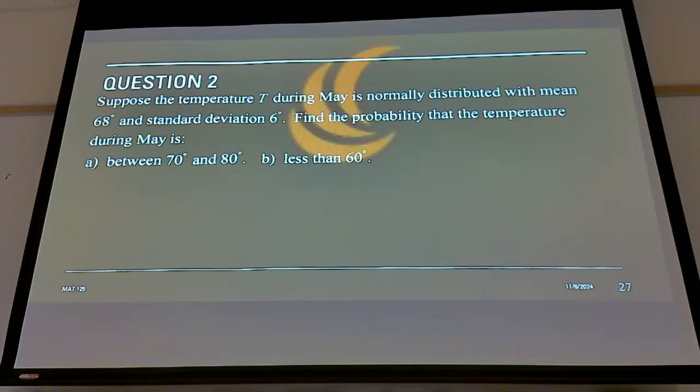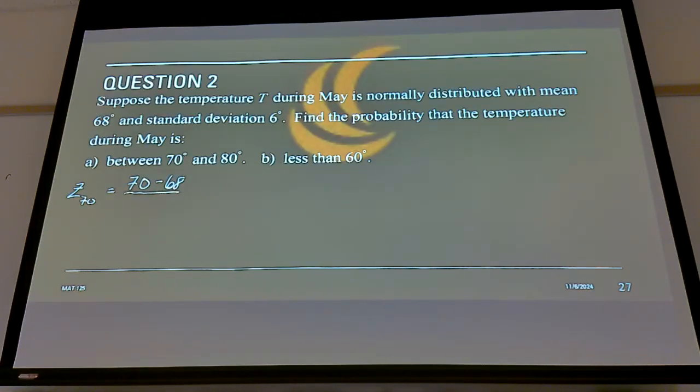So let's suppose the temperature during May is normally distributed with a mean of 68 degrees and a standard deviation of 6 degrees. Find the probability that the temperature during May is between 70 and 80 and then less than 60. So Z of 70 minus mean over standard deviation.